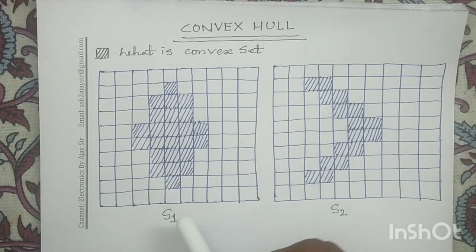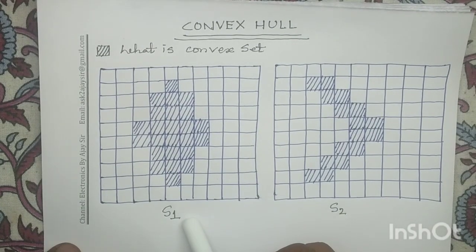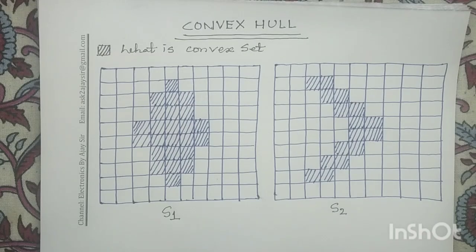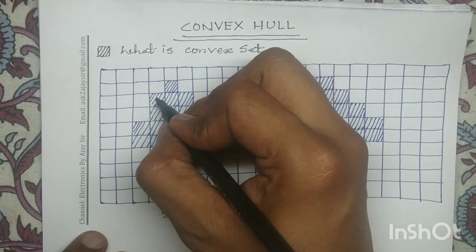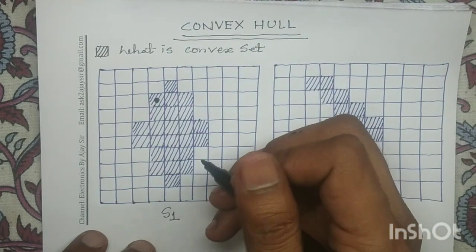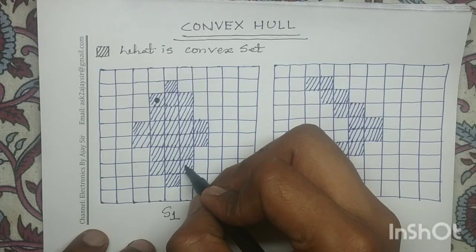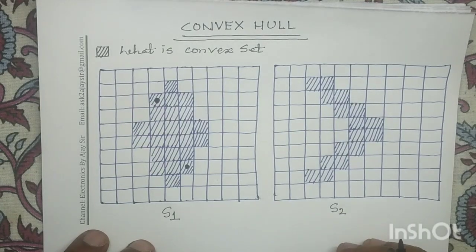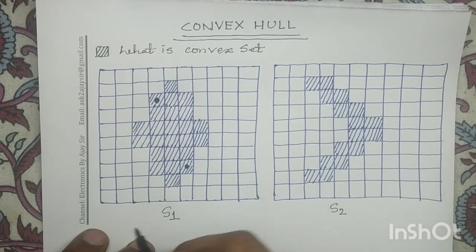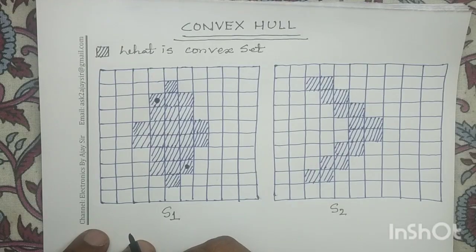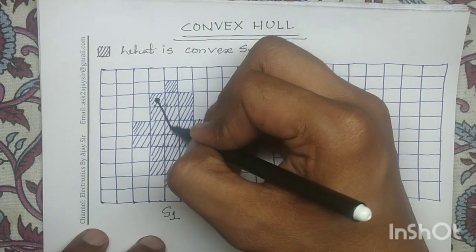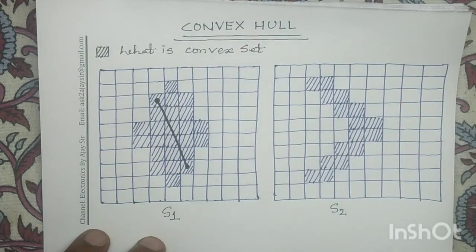Now, in set S1, I will choose 2 points, this point and this point. I will choose a pair of points and I will connect them with a straight line. If this straight line passes through the object set, then this set S1 is called a convex set.